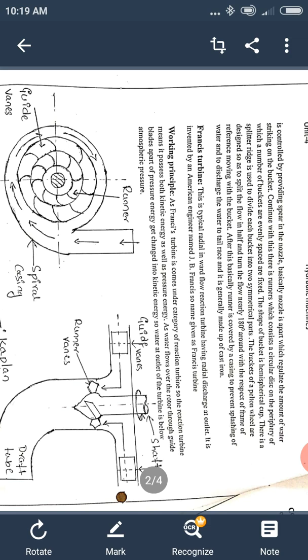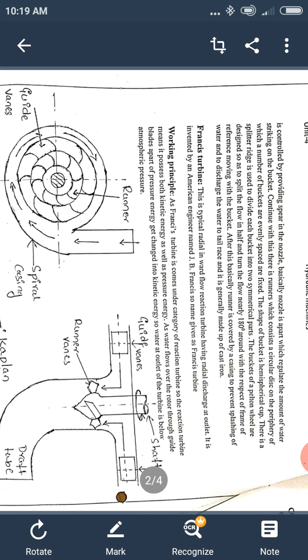Continuing, the runner consists of a circular disc on the periphery of which a number of buckets are evenly spaced and fixed. The shape of the bucket is a hemispherical cup, and a splitter is used to divide each bucket into two symmetrical parts.